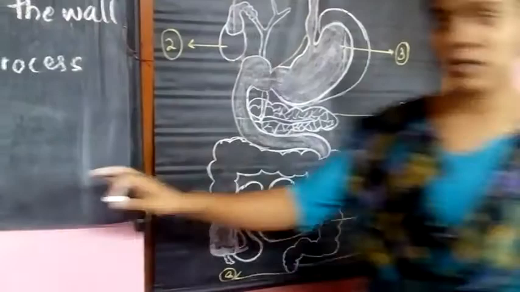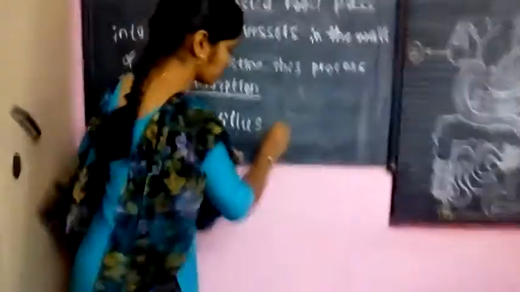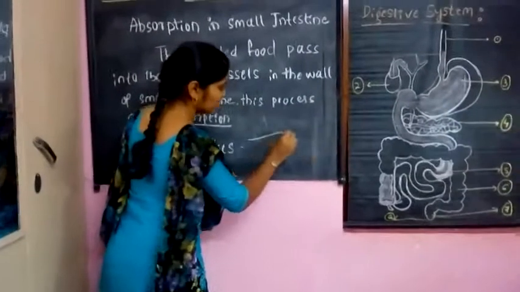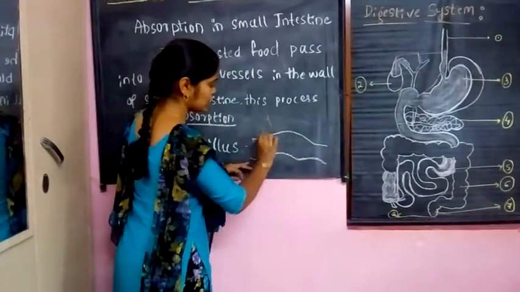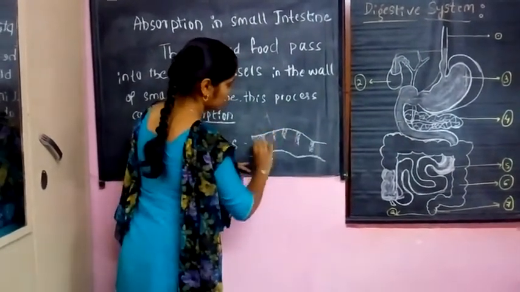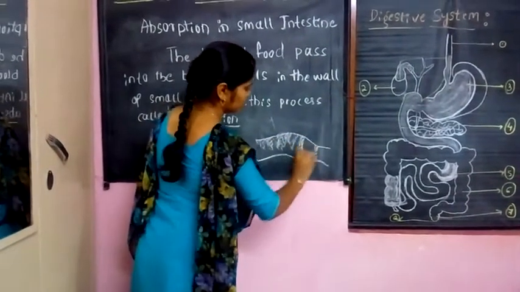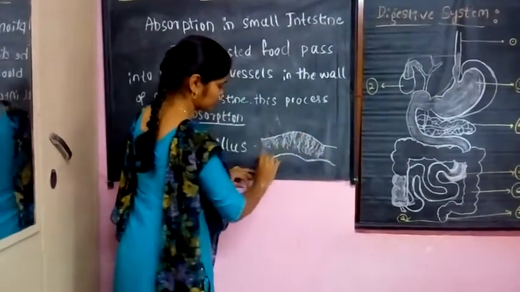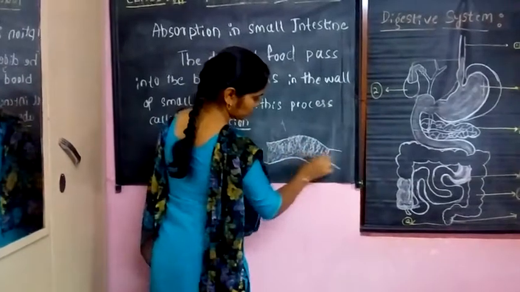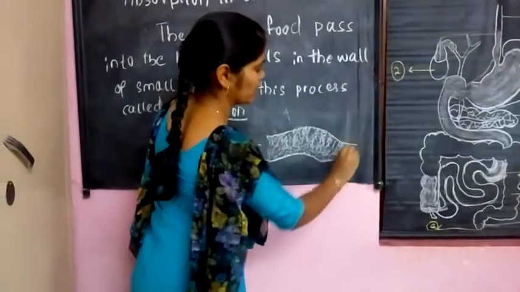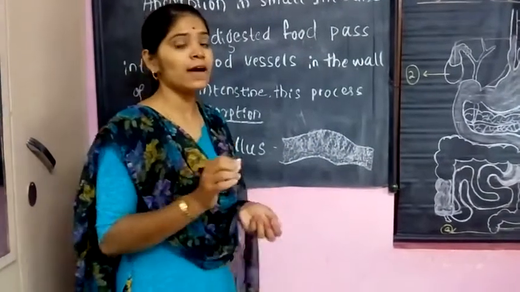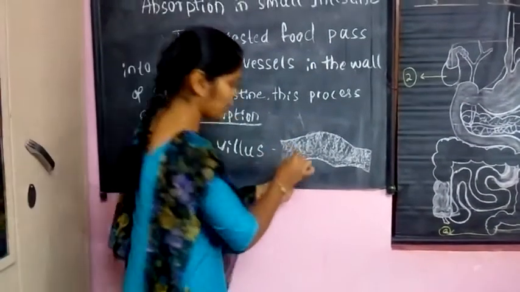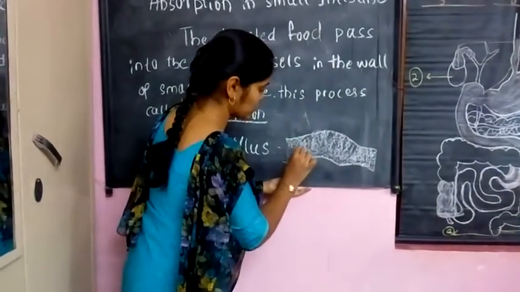I will show here. If it is a small intestine, this is the wall of the small intestine. This is the inner wall of the small intestine. The villi are like finger-like structures.